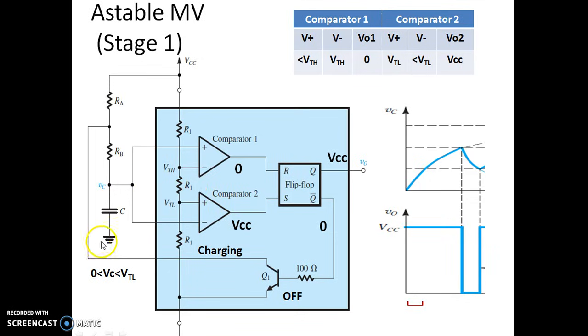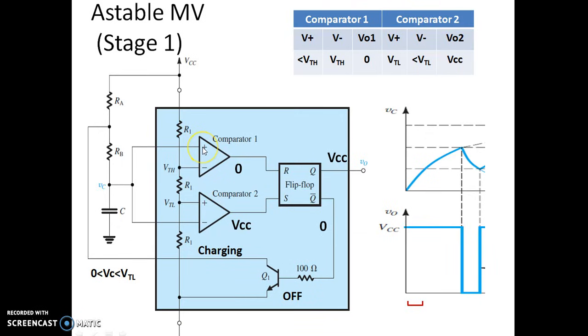Since the capacitor voltage is greater than 0 and less than VTL, we can see here that V plus of comparator 1 is connected to the capacitor, so its voltage is greater than 0 but less than VTL as well as less than VTH. Now you can see we are comparing the V plus of comparator 1 with respect to VTH, because it has to be compared to VTH.